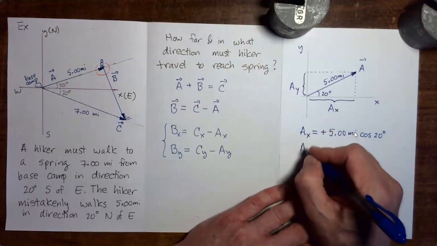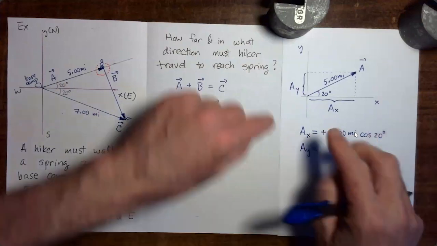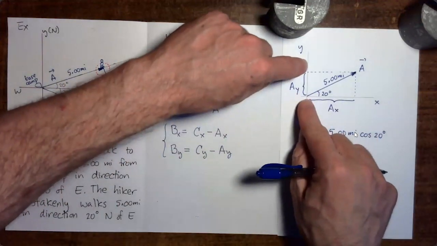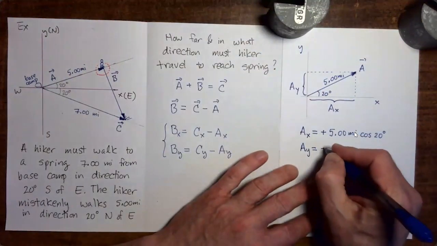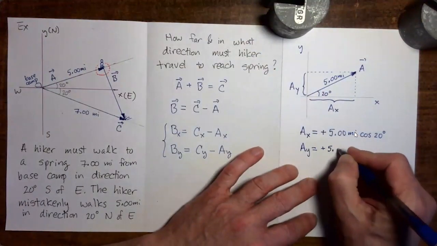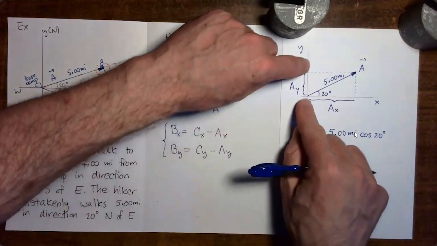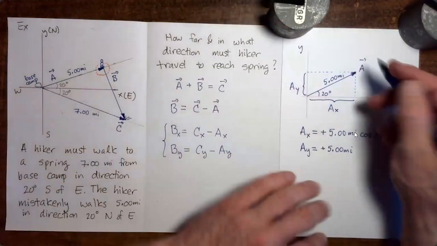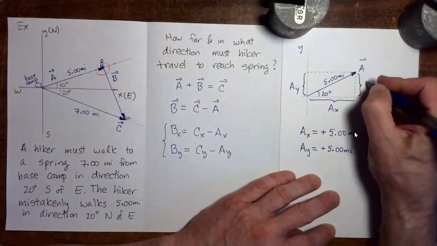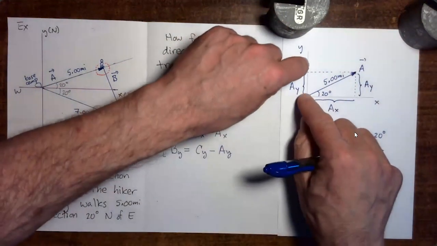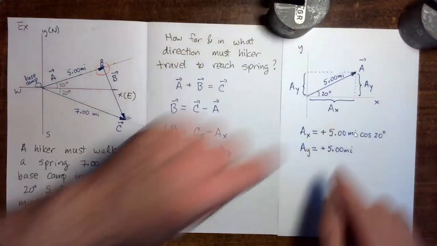And then for a sub y, same process. You can see that A projects onto the positive y-axis, so I put a plus sign, then the magnitude, 5 miles. And now that a sub y here, this would also be a sub y over here, right? These are the same.